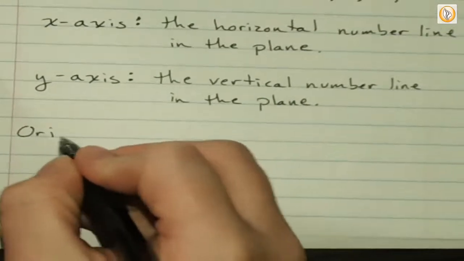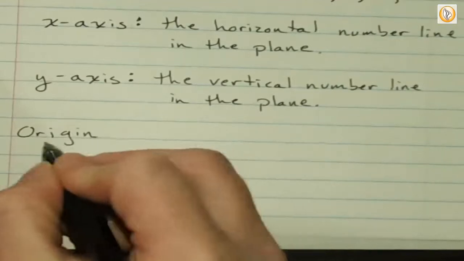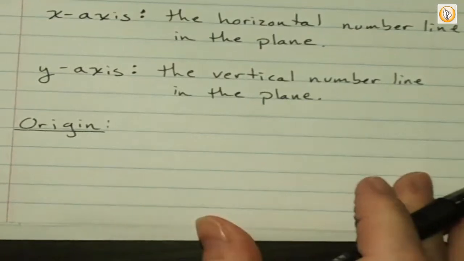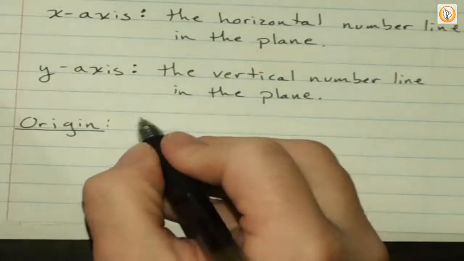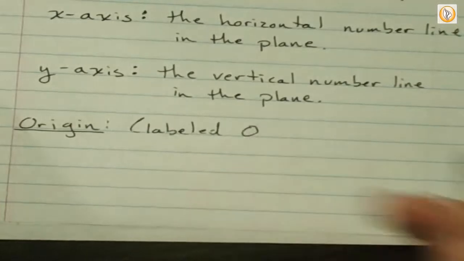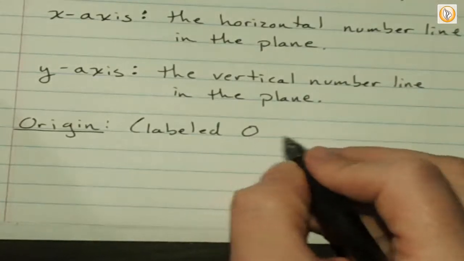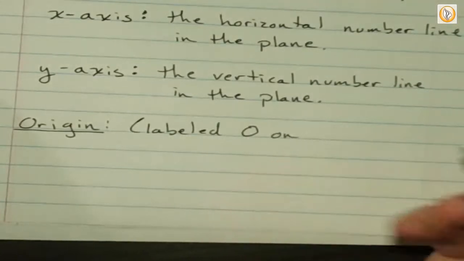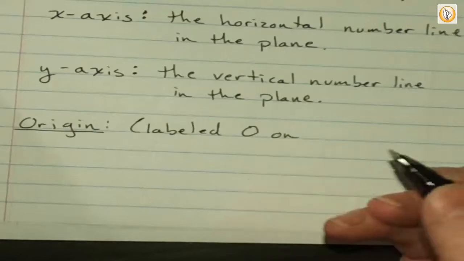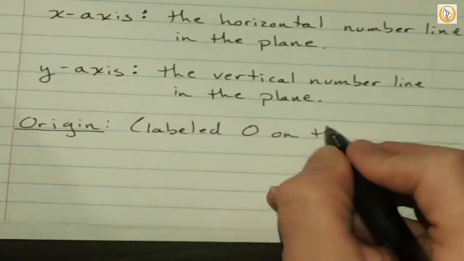It's called the origin. See? 0, origin. Hey, I like the fact that y'all were guessing. It's labeled 0. That's not O. I mean, it could be, right? It could be O, 0, same thing, on the graph.